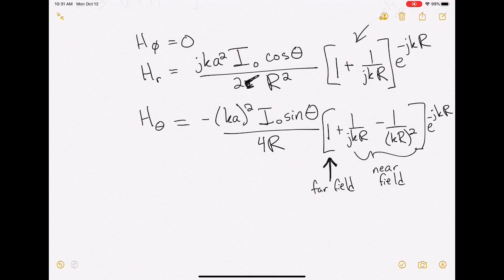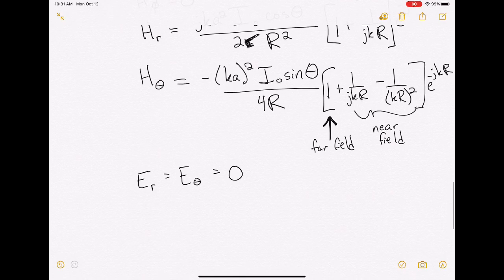What about the electric field? When you work this out, you get that the electric field only has a phi component, which makes sense.